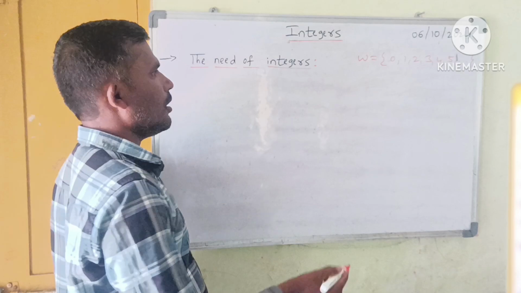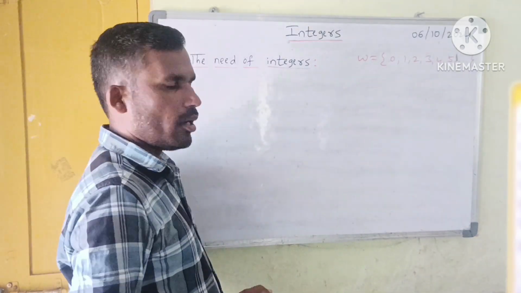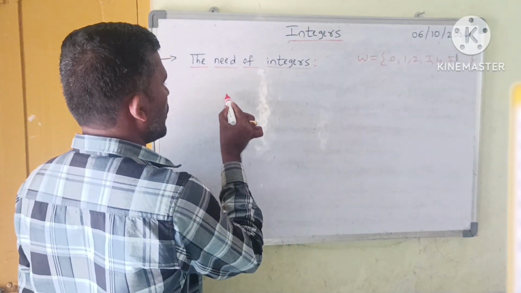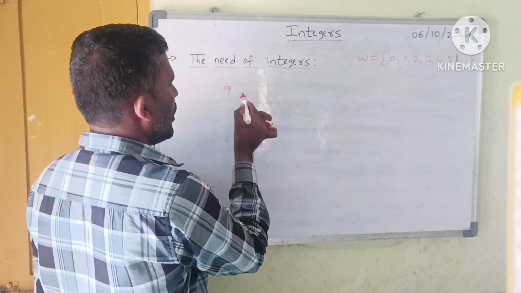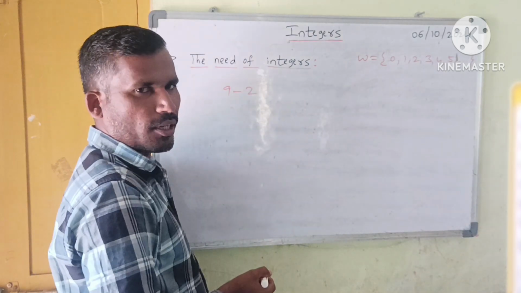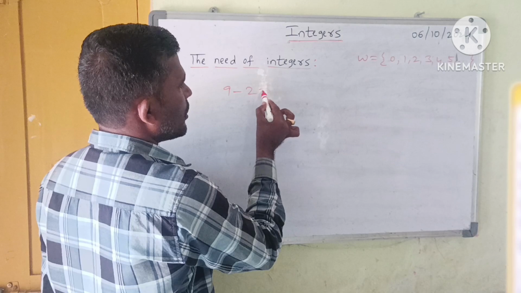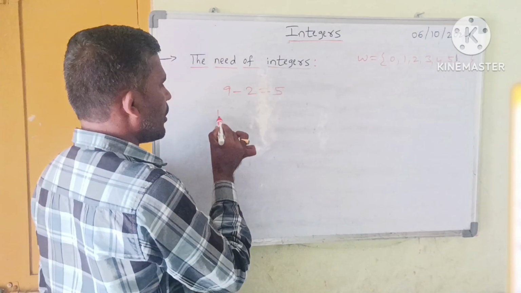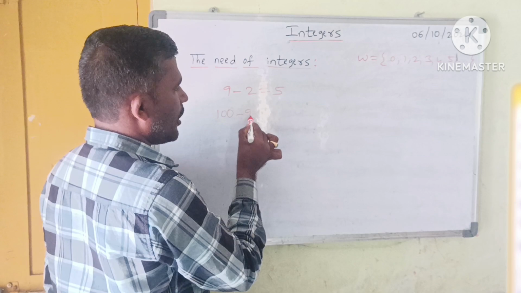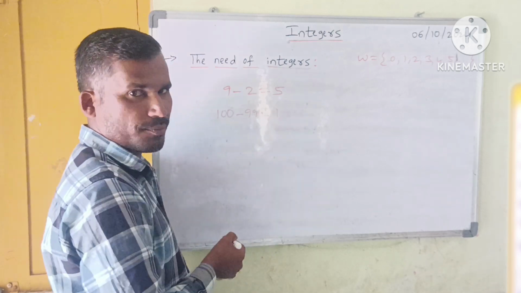Now I am taking any two numbers in the whole numbers. For example, I take the bigger number 9 and 9 minus 2. What is the result? 7. And 100 minus 99 is 1.